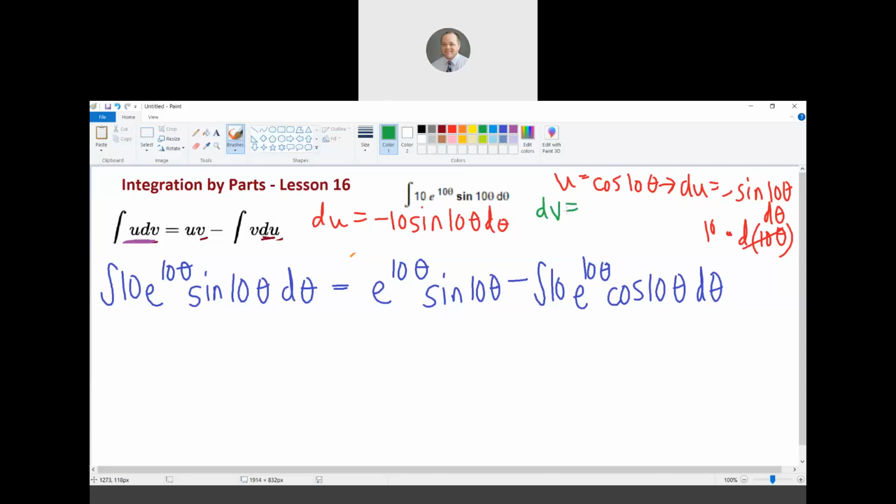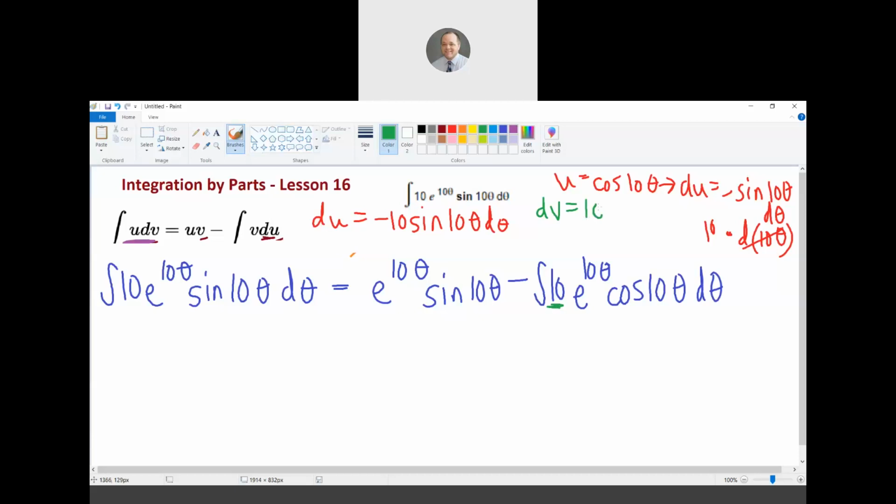Now your dv is equal to, and here honestly it doesn't matter. You can have that 10 with your u, cosine 10 theta, or you can have it with the integral. It does not matter.